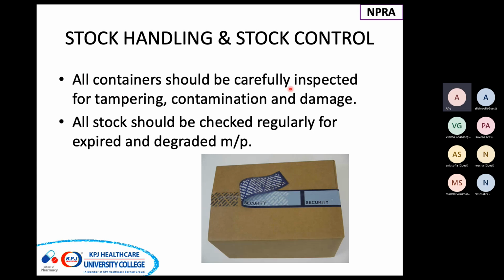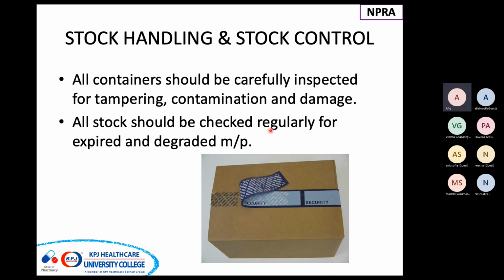So all containers should also be carefully inspected for tampering, contamination, and damage. So if you see like this, they probably have a special tape to close the box. So if you see that this tape has been replaced with a different one, maybe you want to pay extra attention to that.